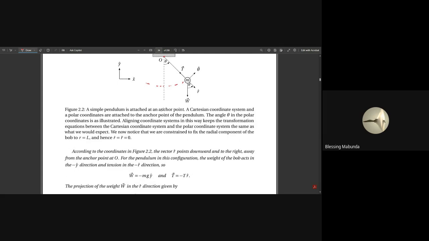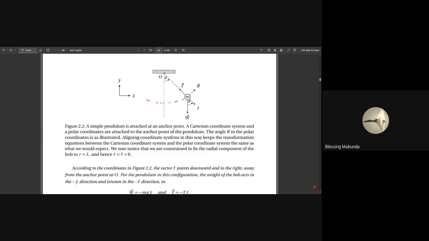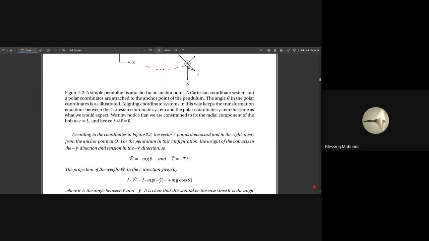We notice that we constrain the radial component of the bulb to R equals L. That will mean that R dot is equal to R double dot, which is equal to 0. The value of R is not changing, so when we take the derivative of that value R, it's going to go to 0.